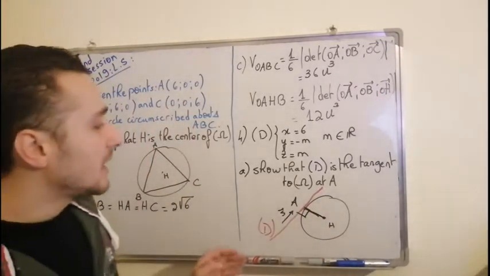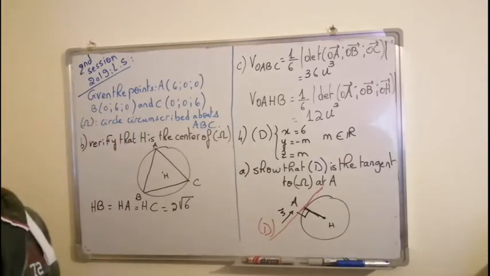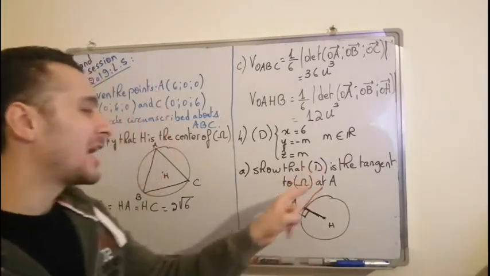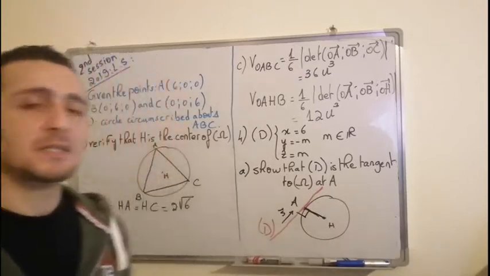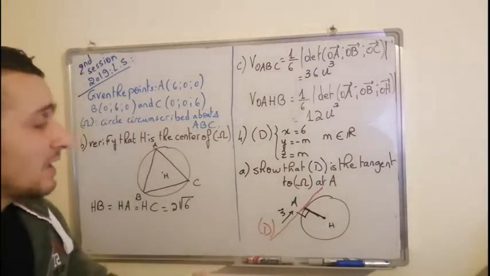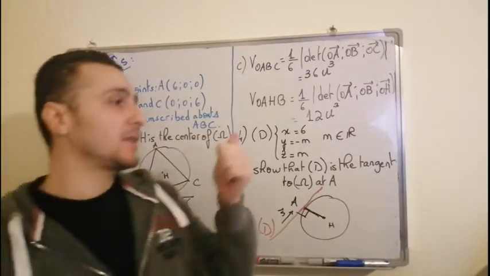What's the meaning? SD is perpendicular to AH. I mean the line D is perpendicular to the radius. And we have line D is included in the plane.